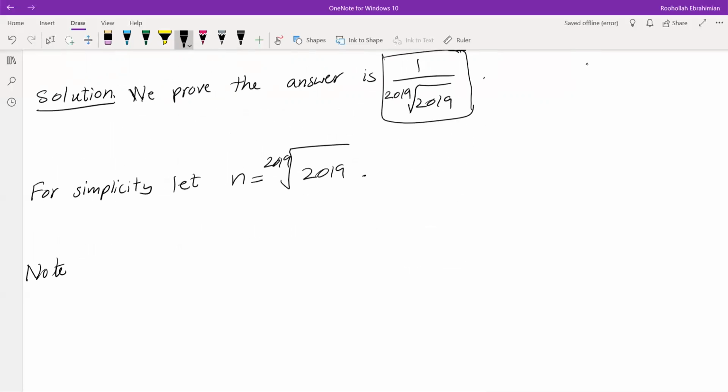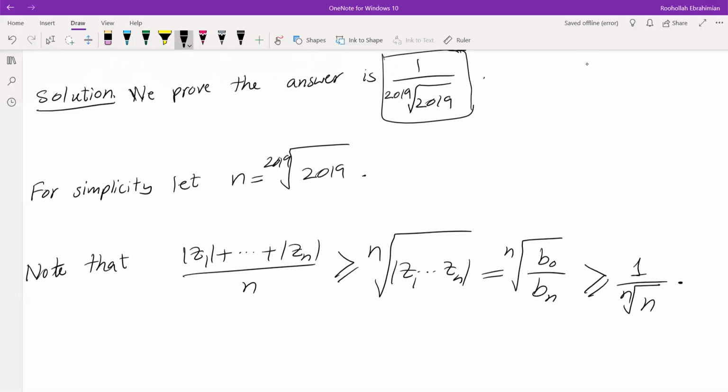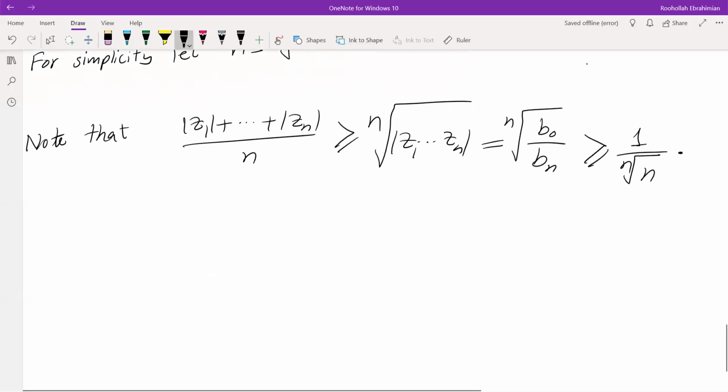Note that the absolute value of z1 all the way to the absolute value of zn, over n, is greater than or equal to the nth root of their product, which is the nth root of the constant term divided by the leading coefficient, which is greater than or equal to 1 over the nth root of n. So that proves the inequality does hold.